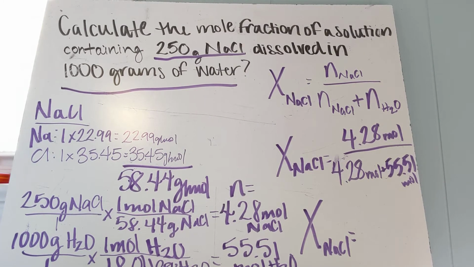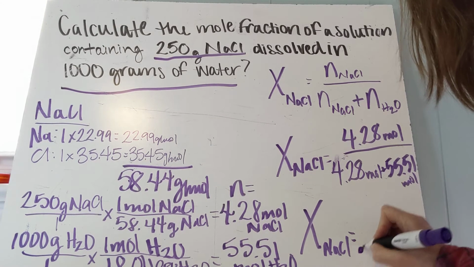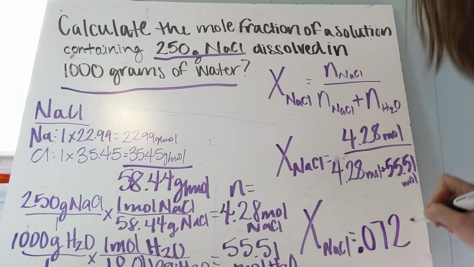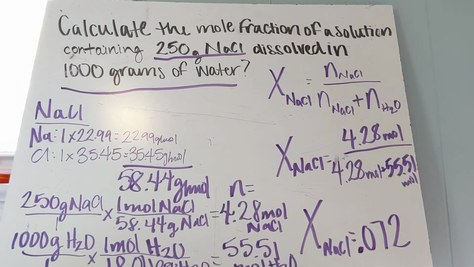So I'm going to put 4.28 divided by parentheses 4.28 plus 55.51, and I get 0.72, or excuse me, 0.072. And again, no units. It's hard and very tempting to write some kind of unit there. No units should go there.